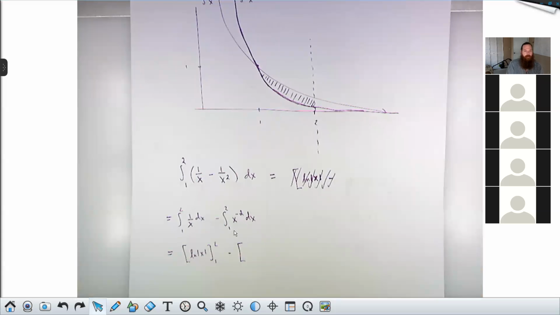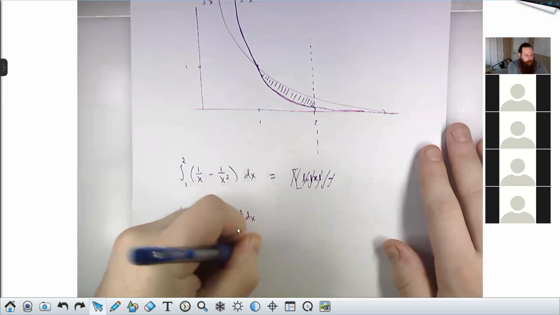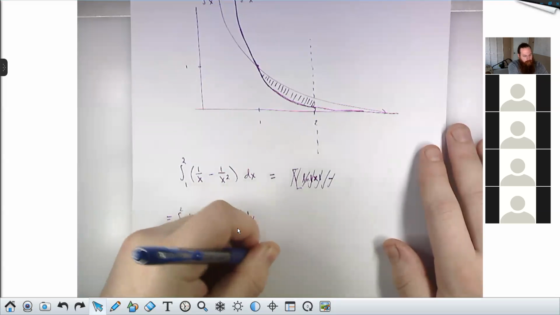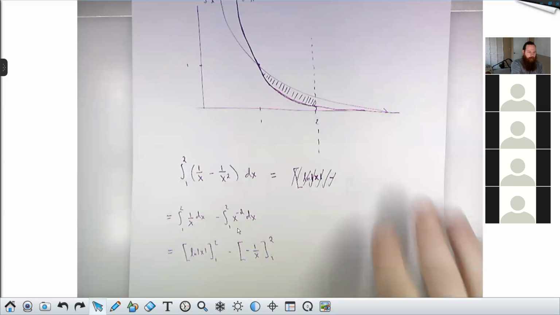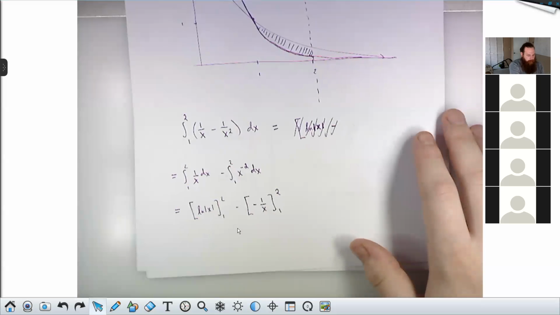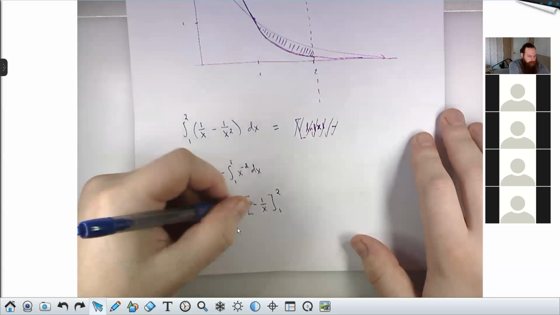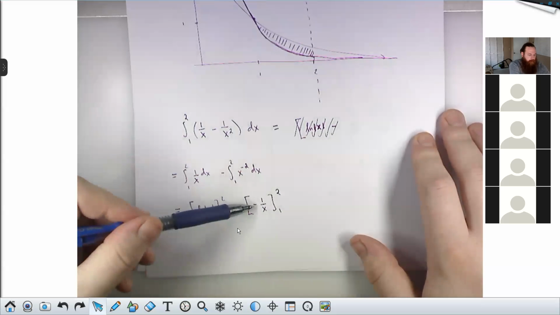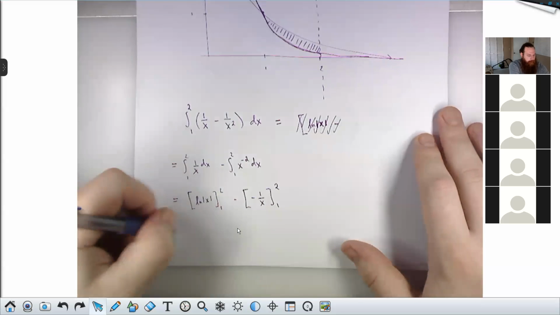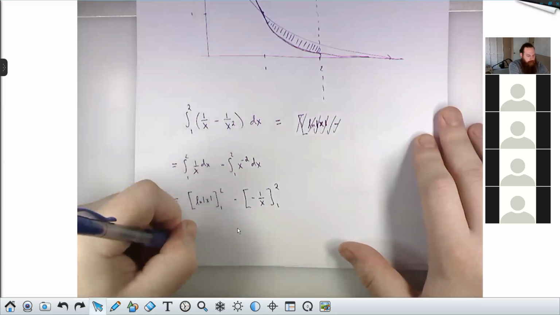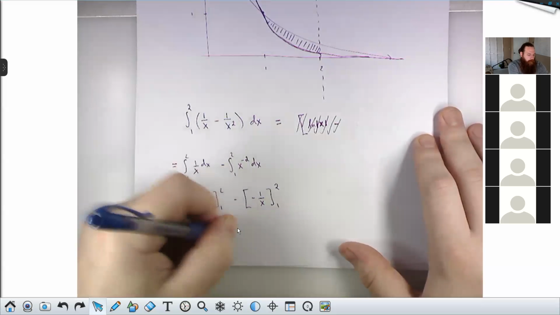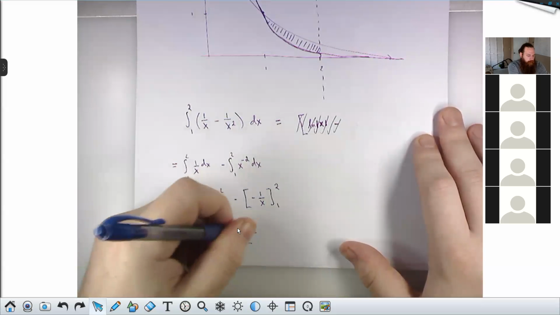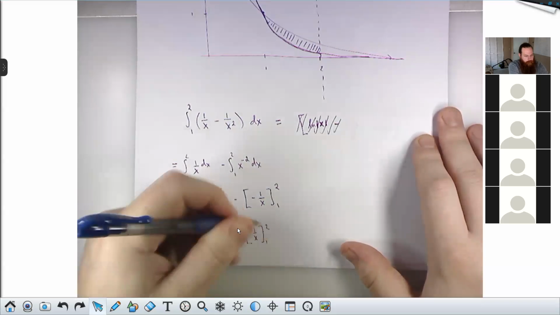So this would be x to the negative 1 divided by negative 1, or negative 1 over x. And then it also gets evaluated from 1 to 2. We can do ourselves a small favor with the minus signs. This minus sign can pop out and combine with this to make a plus. So this will be ln absolute x from 1 to 2 plus 1 over x from 1 to 2.